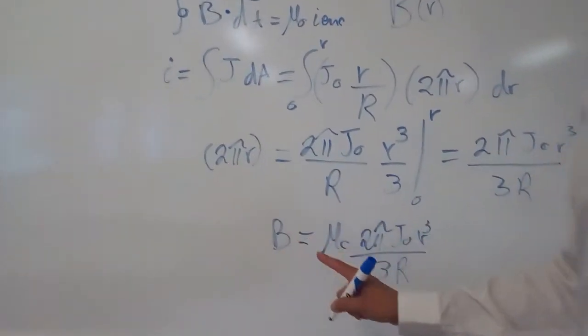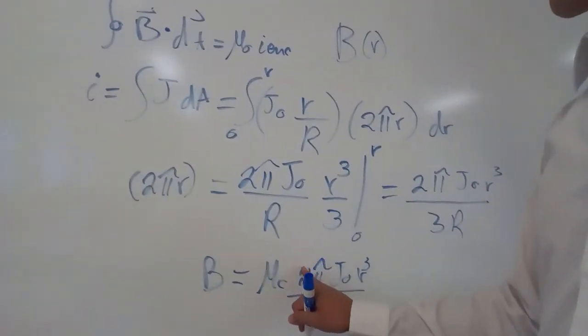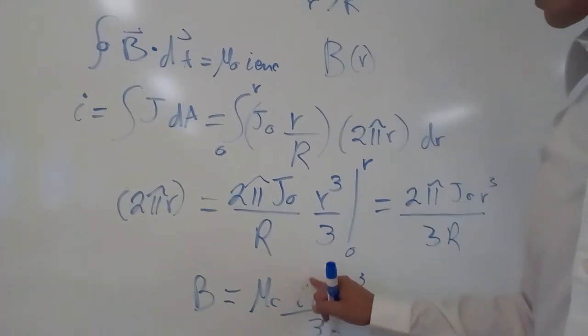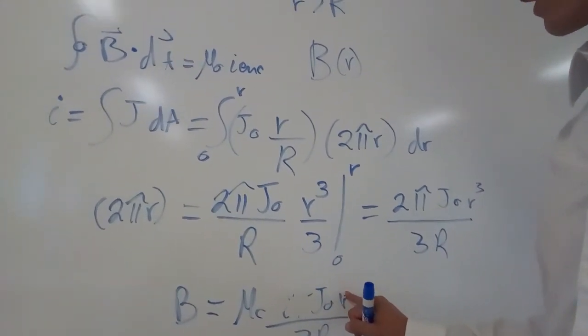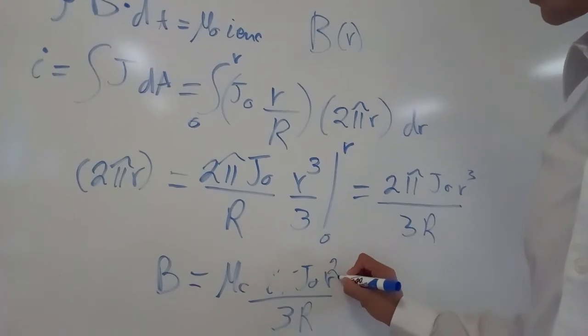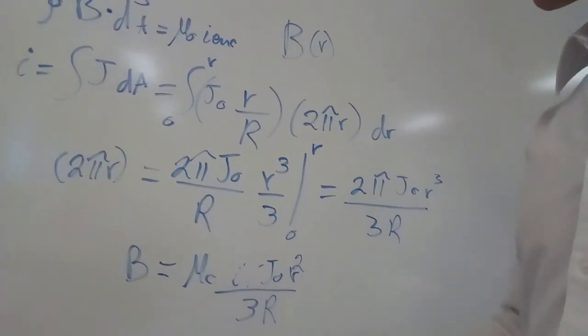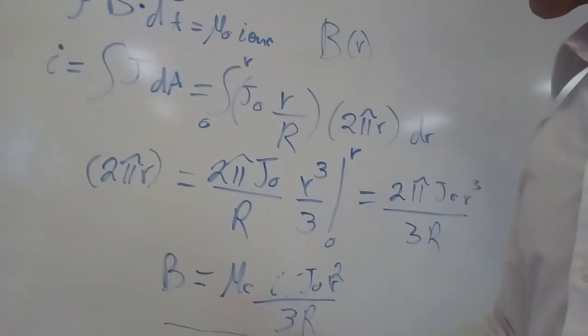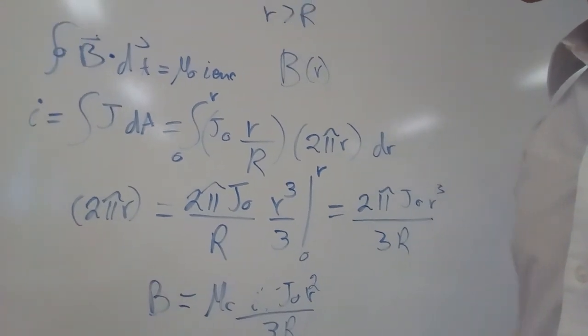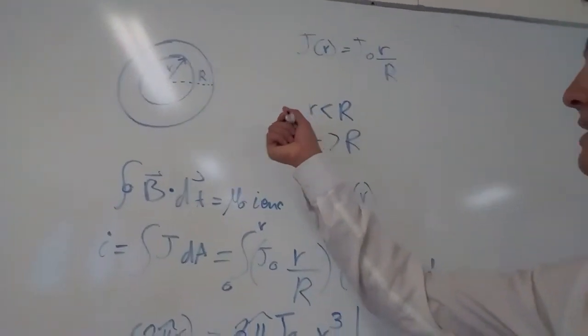So once we divide it in here, the 2 pi r cancel, and we cancel here the cube and put it only squared. So this is the answer for the first part.